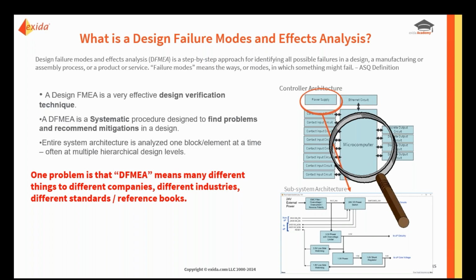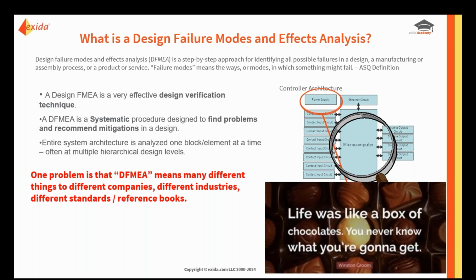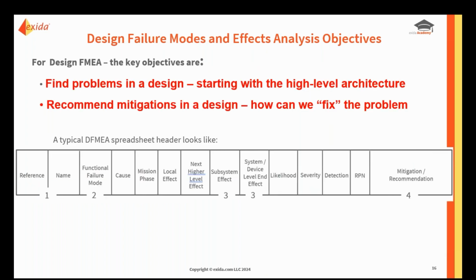But a design failure modes and effects analysis means different things to different people. There are many ways of doing it. Different people emphasize different aspects of it. As an FMEDA analyst, you never know what you're going to get. So, for an FMEA, a design FMEA, the objectives are to find the problems and to recommend mitigations.